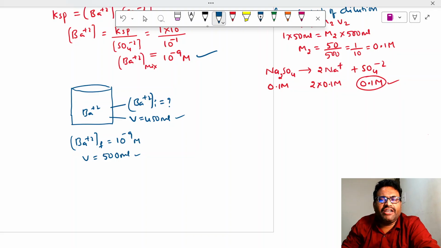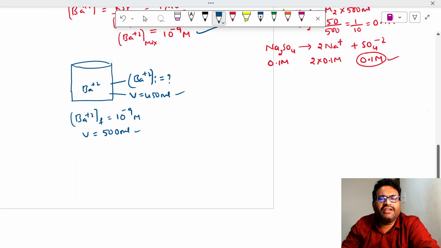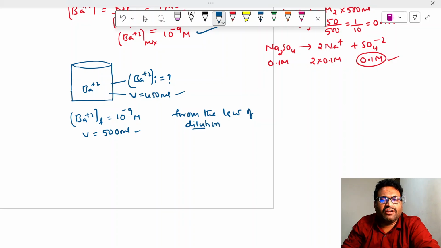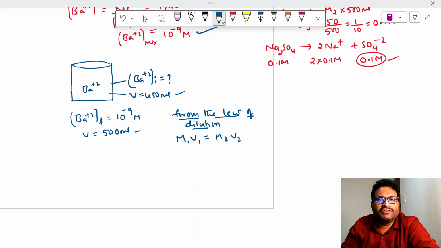According to the law of dilution, I can write M1 V1 is equal to M2 V2. That is, M1 V1 is before the dilution, M2 V2 is after the dilution. Anyone you can take, it doesn't matter.